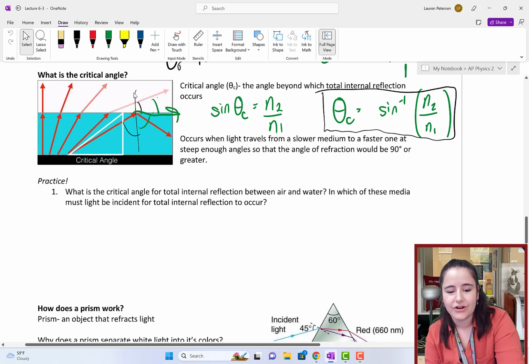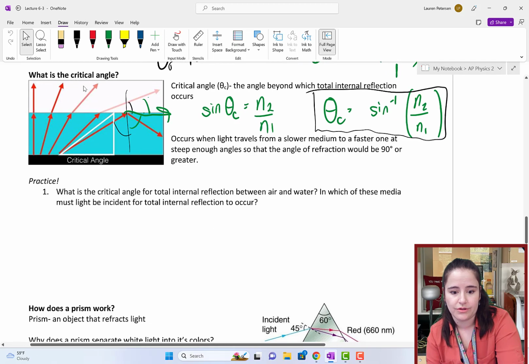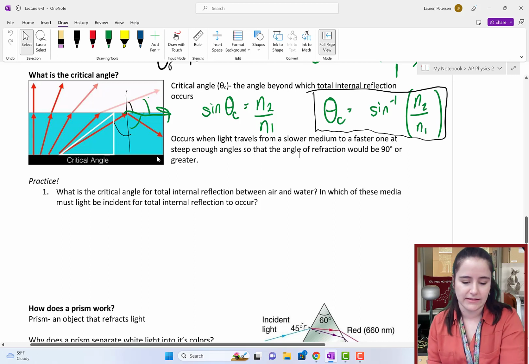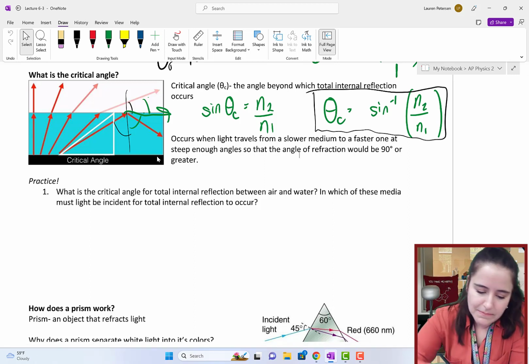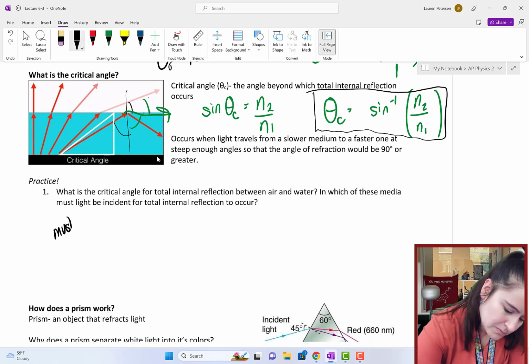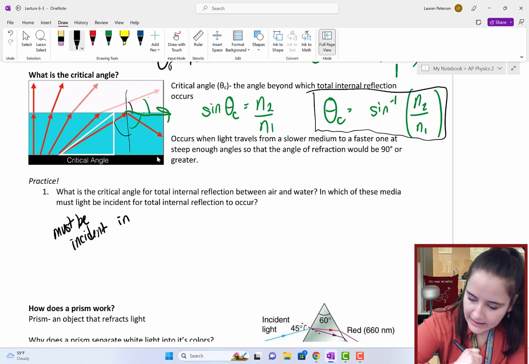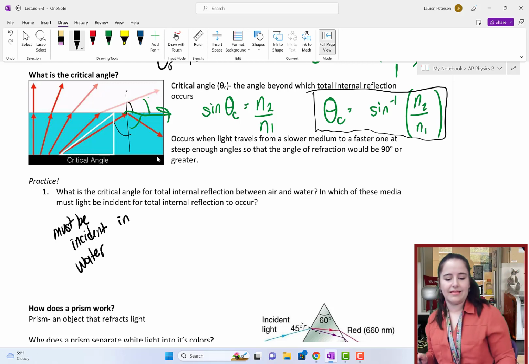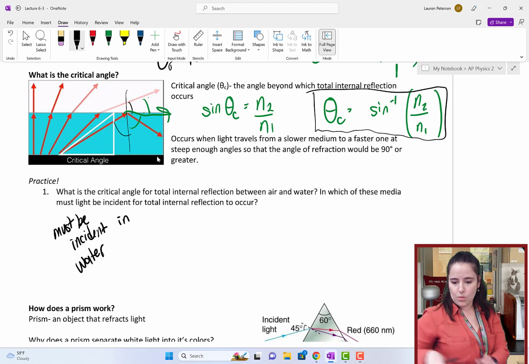You're never going to get total internal reflection going from air to something more optically dense, with a higher index of refraction. So the light must be incident in water.